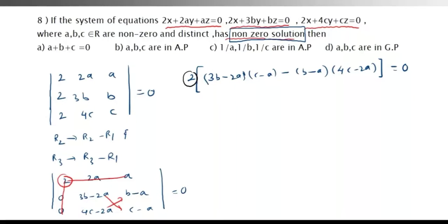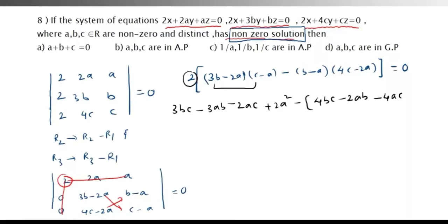Now simplify this and multiply each and every value with the other value. 3b into c, 3bc, 3b into minus a, minus 3ab, minus 2ac plus 2a square, minus of 4bc minus 2ab minus 4ac plus 2a square is equal to 0, right?